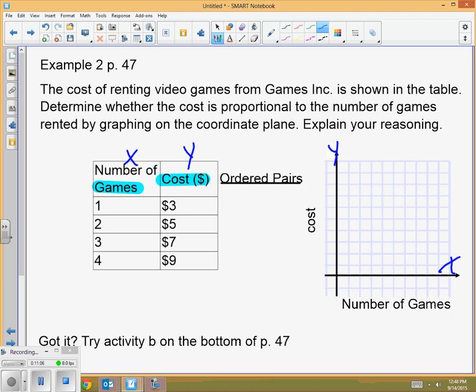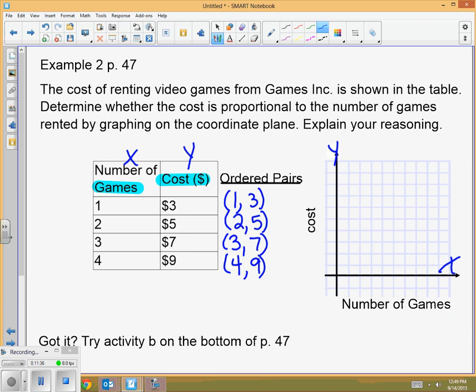So to write the first one as an ordered pair, we have 1, 3. The 1 being the x and the 3 being the y. The second point we have is 2, 5. 3, 7 is next, and last is 4, 9. So now we can take the ordered pairs and we can go ahead and label them on our graph.